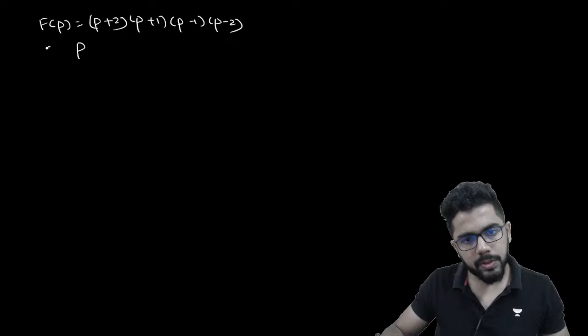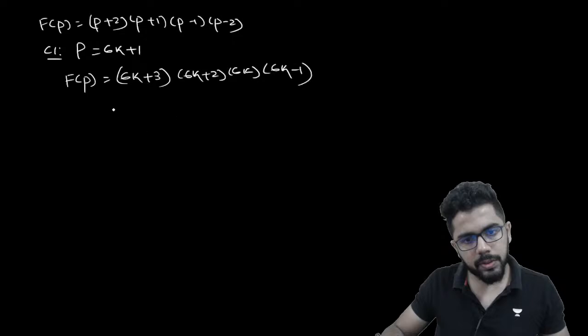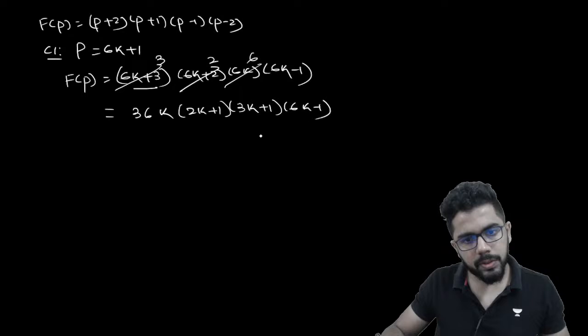And I take the value of p in case 1. Let us say p is equal to 6k plus 1. So how much is f(p)? Put it here: 6k plus 1 plus 2 becomes 6k plus 3, 6k plus 2, then 6k and then 6k minus 1. Then from here I'll take a 3 common, here I'll take a 2 common and from here 6 common, so 3 into 2 into 6, 36 common comes out. Since 3 was common, k becomes 2k plus 1, since 2 was common, 3k plus 1, and then 6k minus 1.